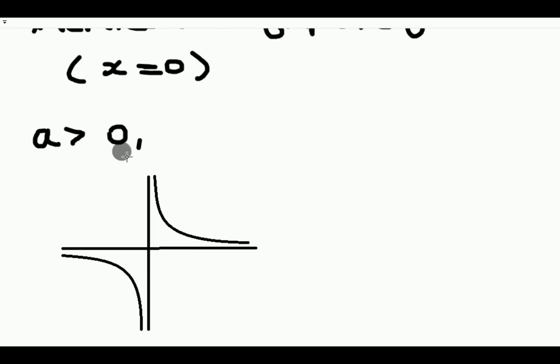Our graph, or rather our function, will lie on the first and the third quadrant, and the line of symmetry on this one is going to be y is equal to x.